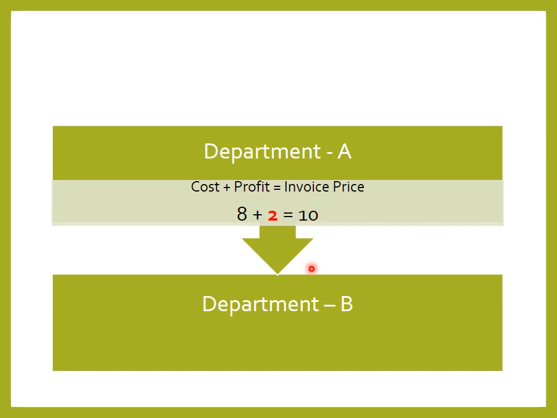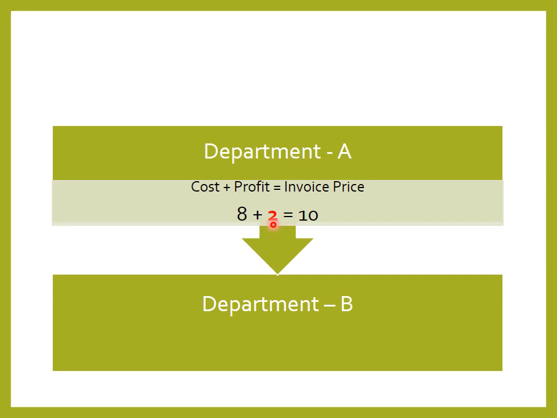So Department B gets the goods at a price of 10. A charges 2 rupees profit. B has to pay 2 rupees extra. So A is said to have earned 2 rupees profit. B is said to incur an additional expense of 2. So this 2 rupees profit is called unrealized profit. This 2 rupees is called stock reserve. This has to be adjusted in the books of accounts.